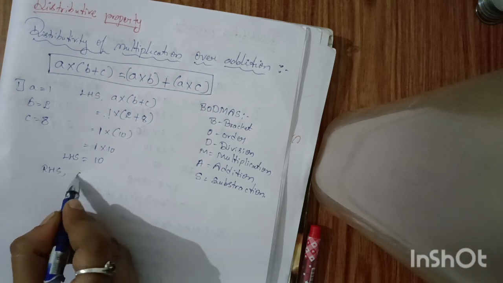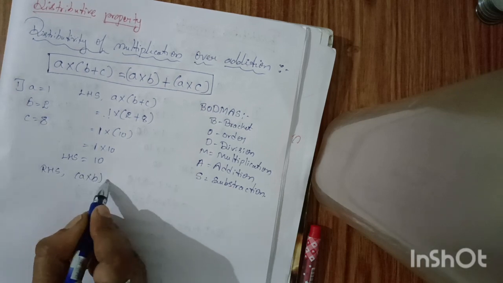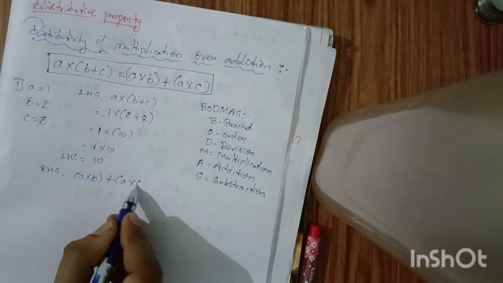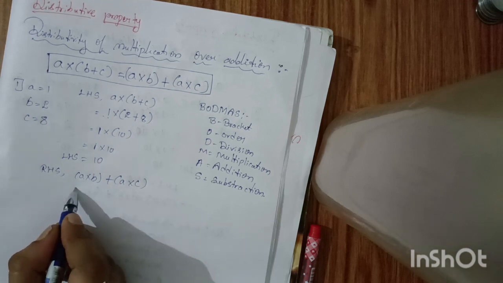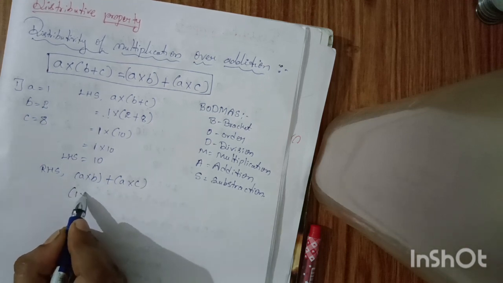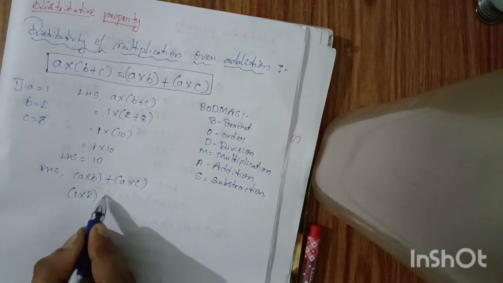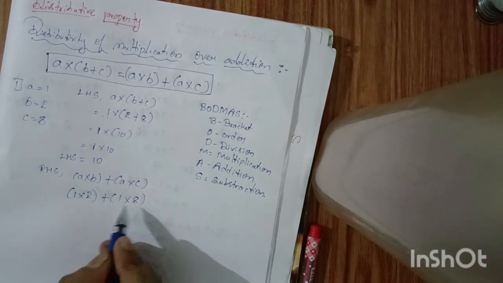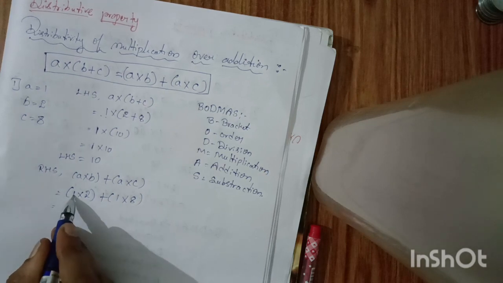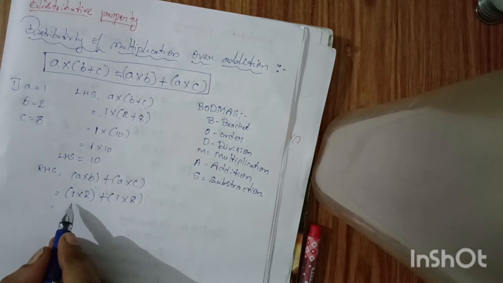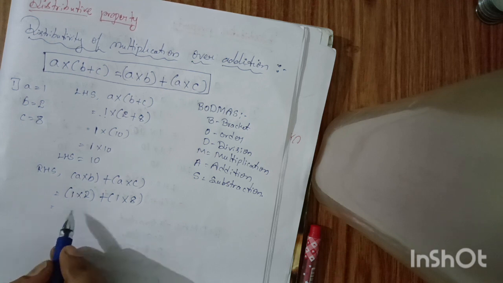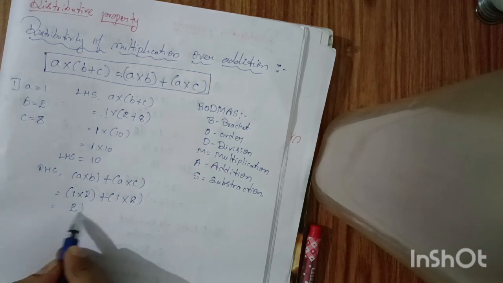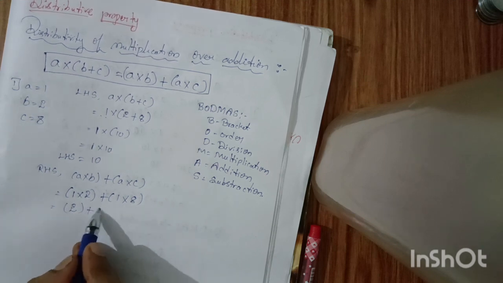So RHS is a into b plus a into c. Substitute the values. Value of a is 1 into b is 2, plus value of a is 1 into c is 8. Next, using BODMAS rules we have to simplify the numbers inside the bracket. 1 2's are 2 plus 1 8's are 8.